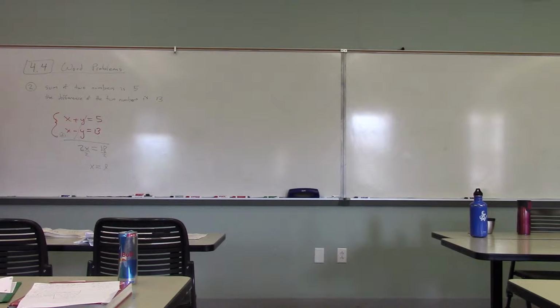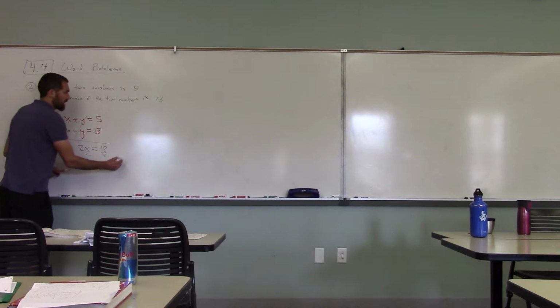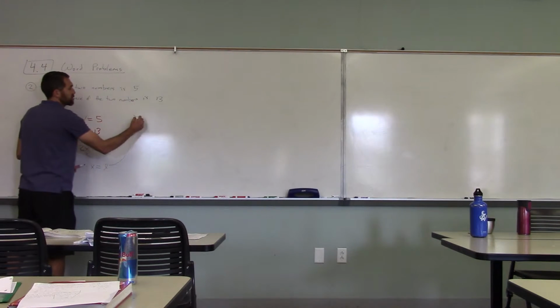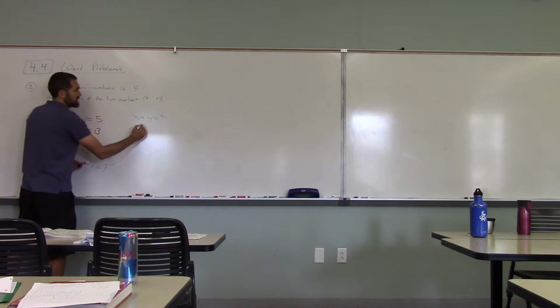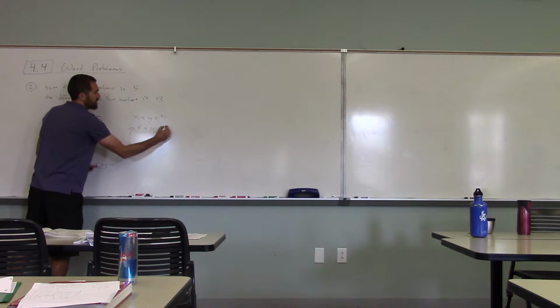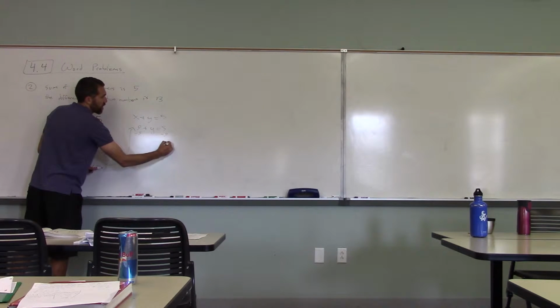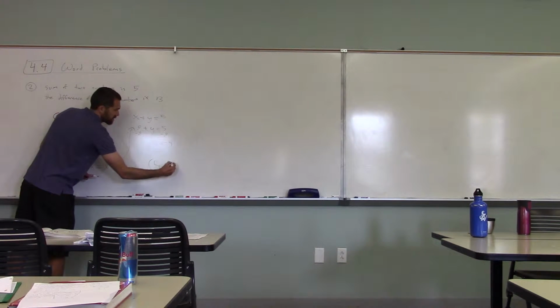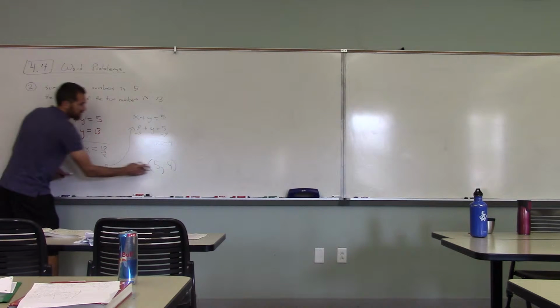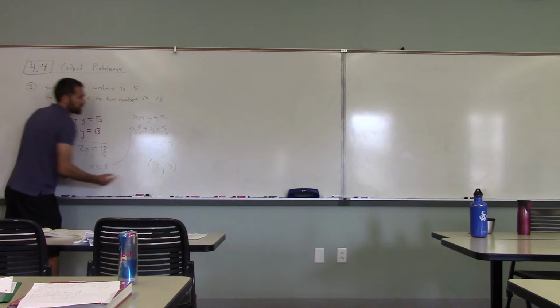Just like all of chapter 4, we plug that back in anywhere. I'm going to plug that into x plus y equals 5 and get 9 plus y equals 5. So minus 9, y equals -4. And I'm going to write my answer as the point 9, -4.